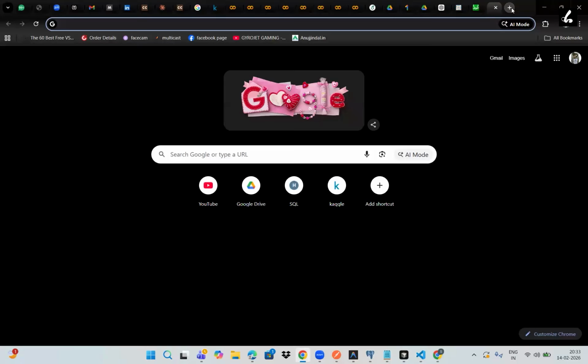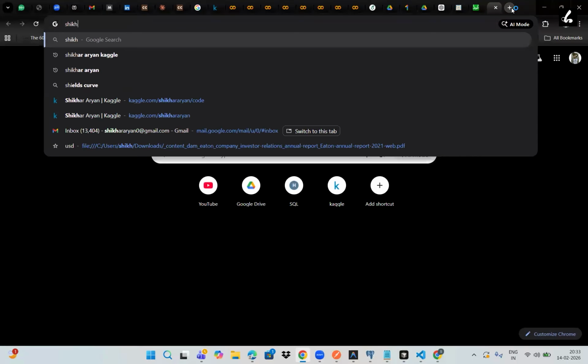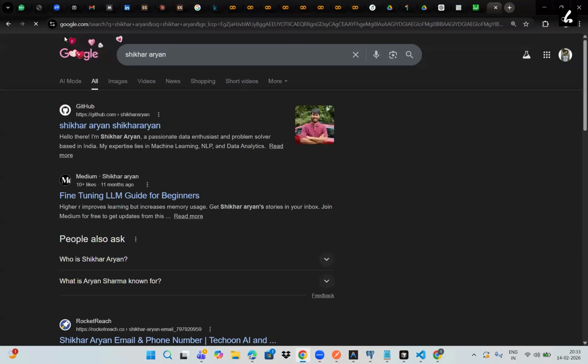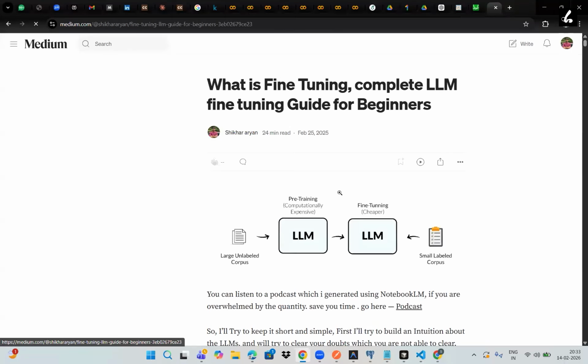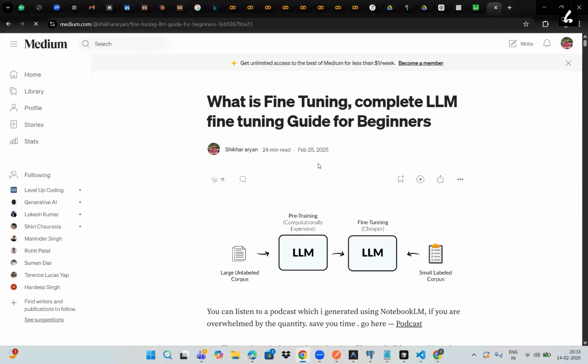I'll show you an example. This is my article on Medium, about fine tuning of LLMs for a business domain.